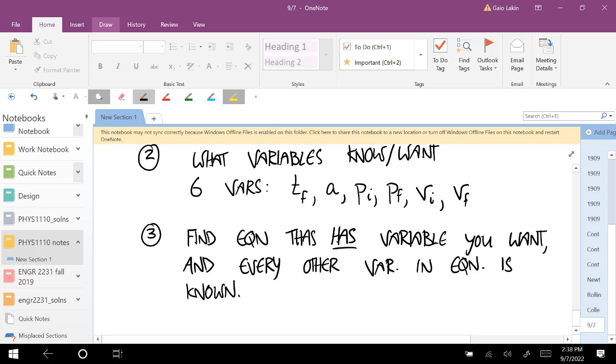In order to use one of these equations, this has to be satisfied because with one equation, you can only solve for one variable. So if you have 2 variables in your equation, you can't do anything with it.